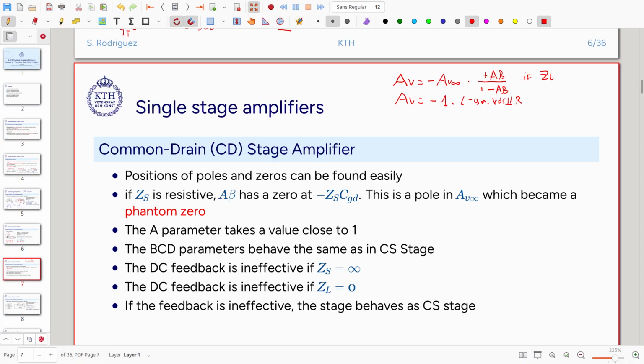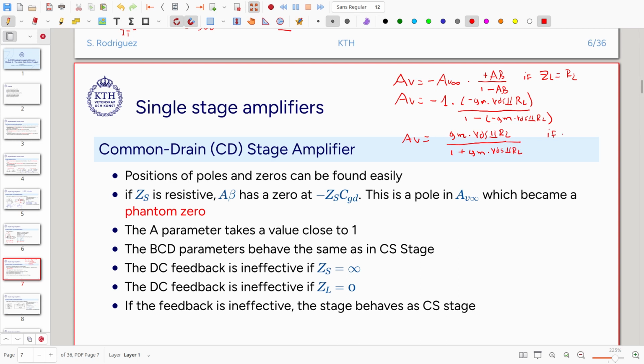So if zeta L equals RL, then we will have the following here. 1 minus GM times RDS in parallel with RL. At the end of the day, what we have is that this will be equal to GM times RDS in parallel with RL, and then 1 plus GM times RDS in parallel with RL.